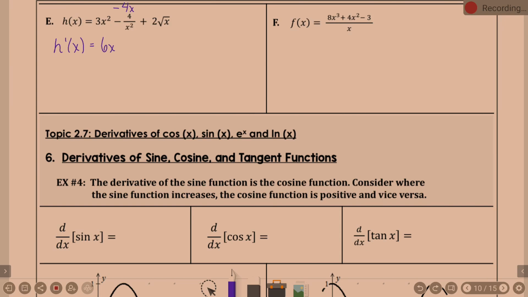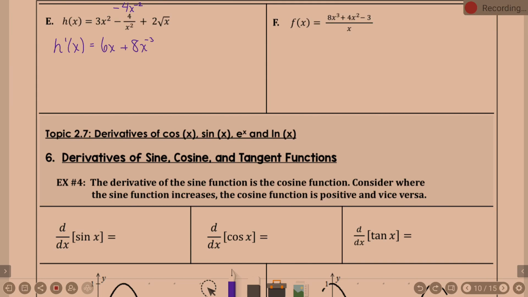That's really 4x to the negative second. So when you take the derivative, what's that become? Plus 8x to the what? Negative third. Okay, you guys with it?